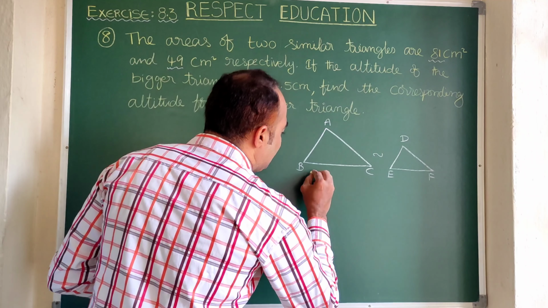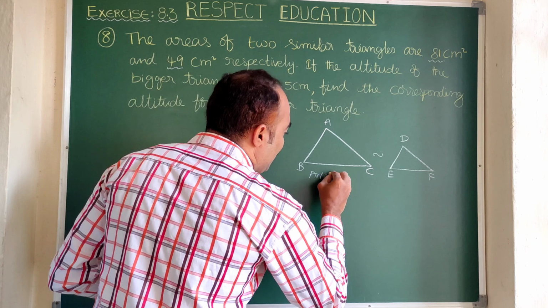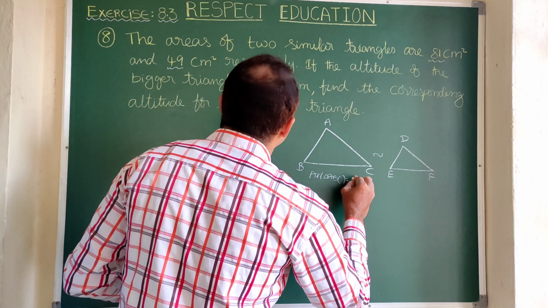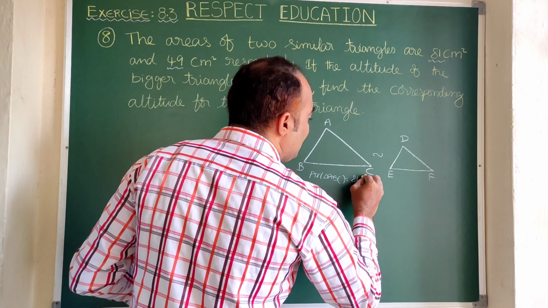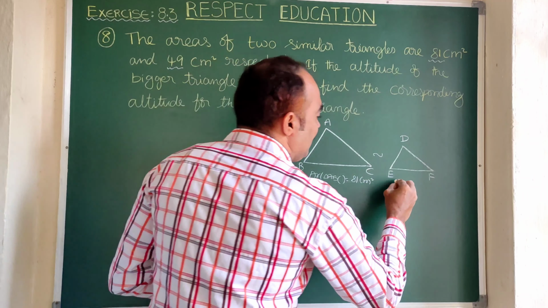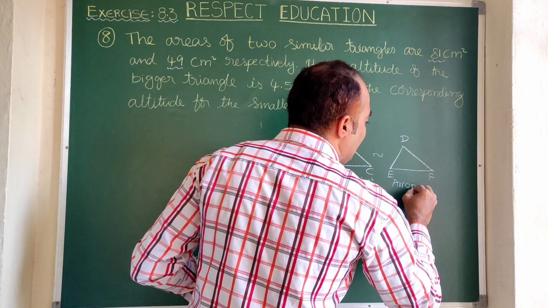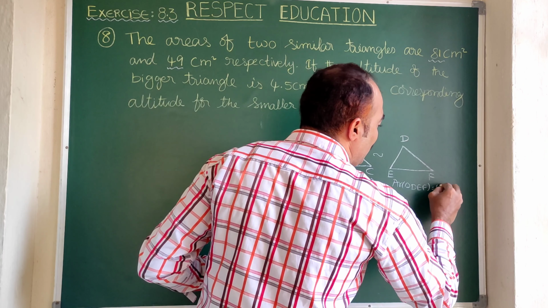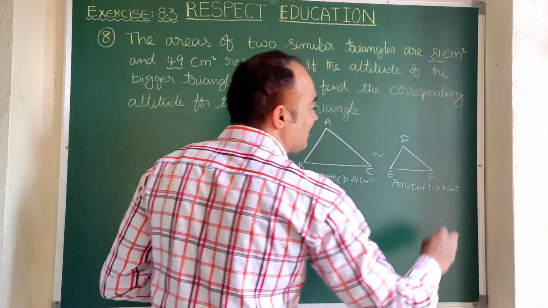So here let us write: area of triangle ABC is equal to 81 centimeter square, and area of triangle DEF is equal to 49 centimeter square.